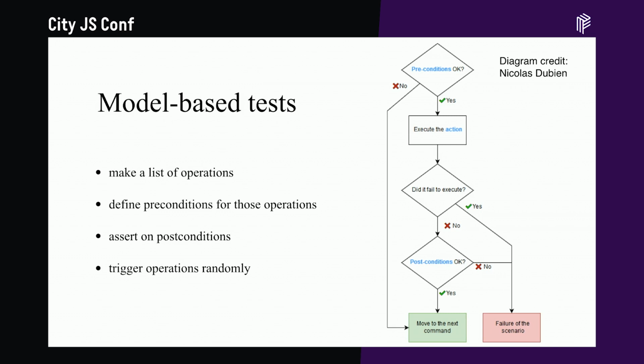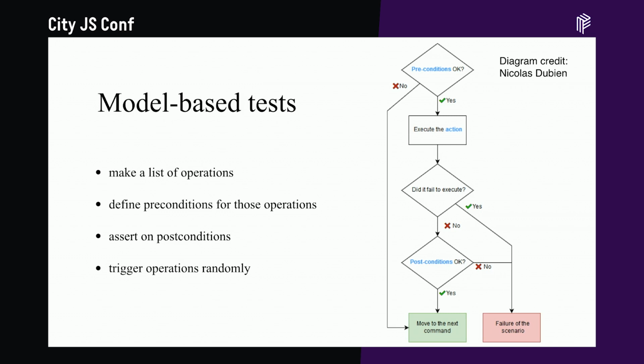The way it works is basically your random input, instead of being some kind of data type, is an operation. So you define an operation like login. You define a precondition for the operation, like has to be on the login page. And then you define a postcondition, which is an assertion. So if I've done this operation, then my state should reflect the fact that the user is logged in.